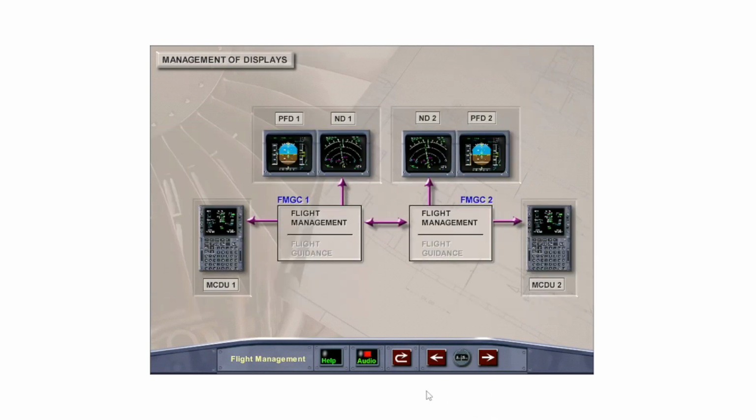The flight management section of the FMGC is also responsible for the management of display units. Information on navigation, performance, predictions, and guidance is displayed on the MCDUs and the primary flight and navigation displays.